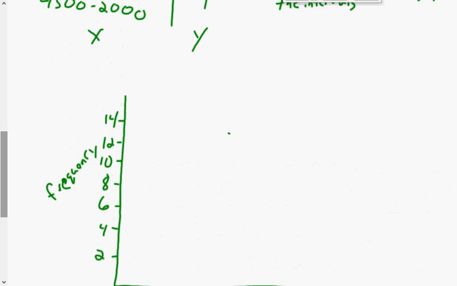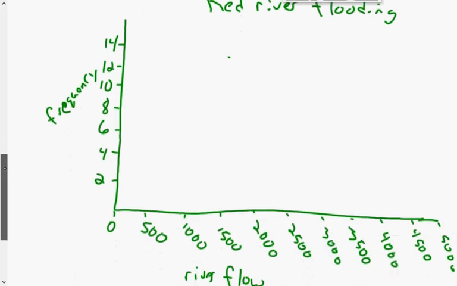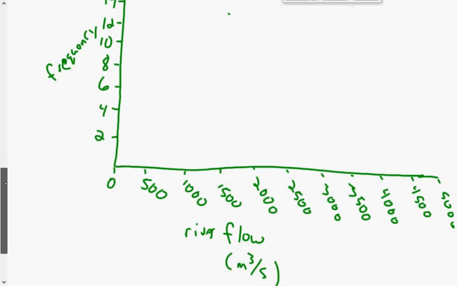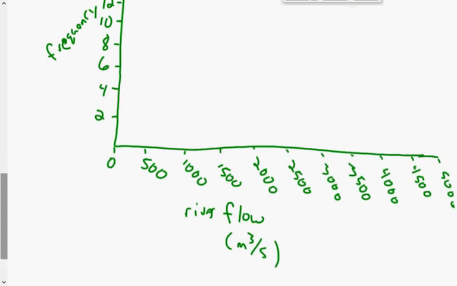You could call it anything like Red River flooding. I'm really not looking for anything fancy with titles. You could even have put river flooding. If you put frequency, river flow with the units, and a quick title, that's a mark and a half right there.